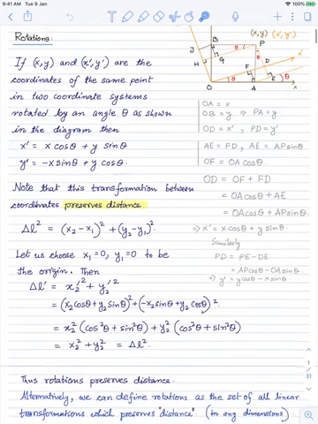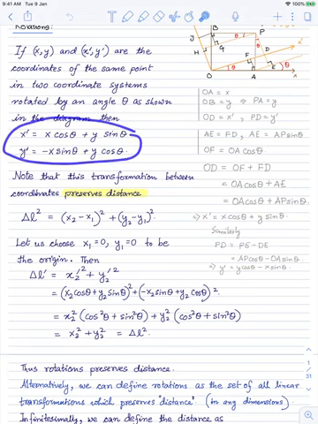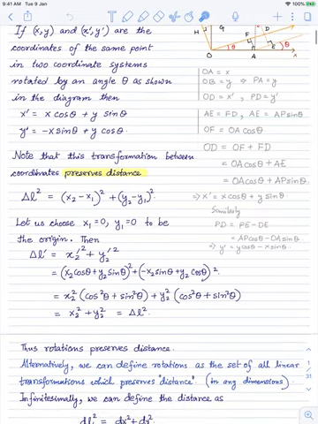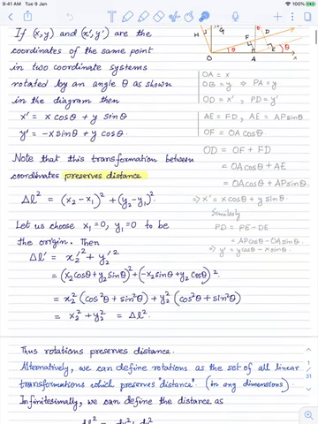But the main point why I'm bringing this up is to emphasize that this is a particular transformation which preserves distance. That means if you consider x2 minus x1, y2 minus y1, square them and add them, then this is the distance between the points x1, y1 and x2, y2.